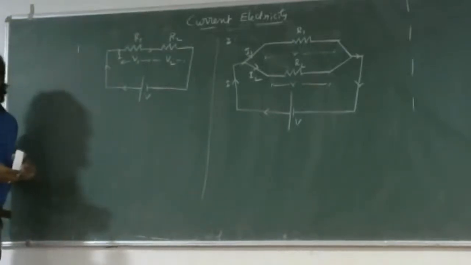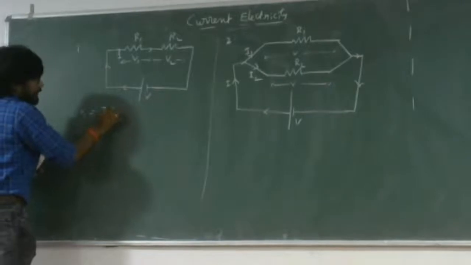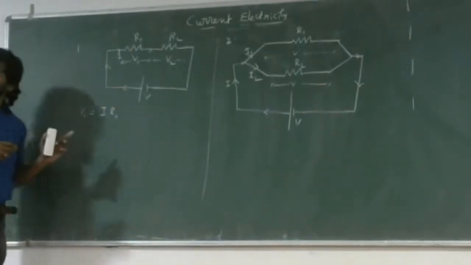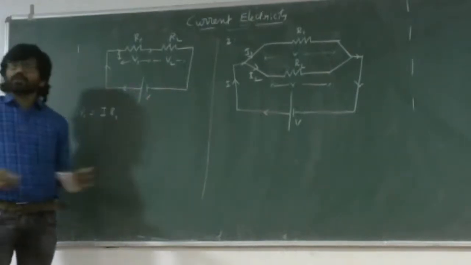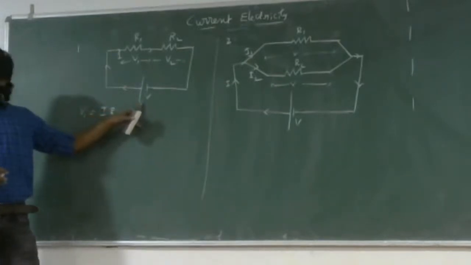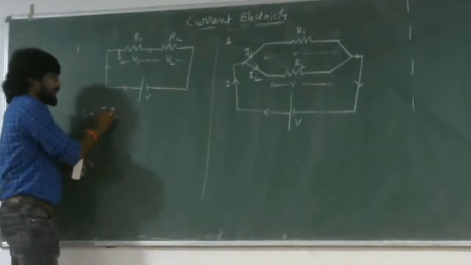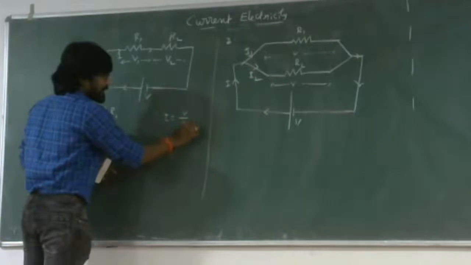Yes or no? But from Ohm's law only, you can say the current in a circuit is usually equal to net EMF by total resistance. The net EMF is V and the total resistance is R1 plus R2. So you can write I is equal to V by R1 plus R2.